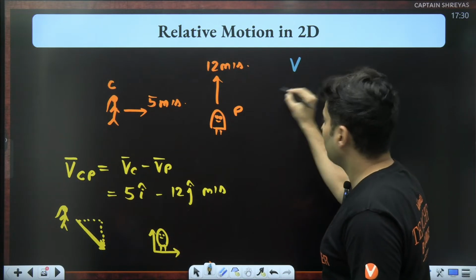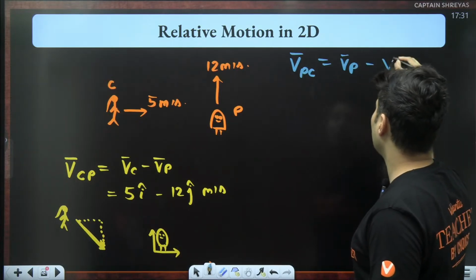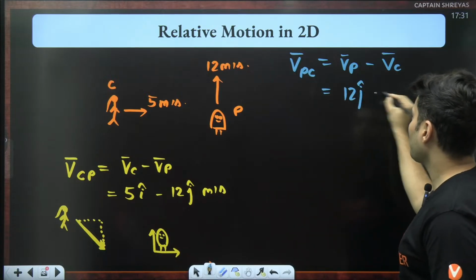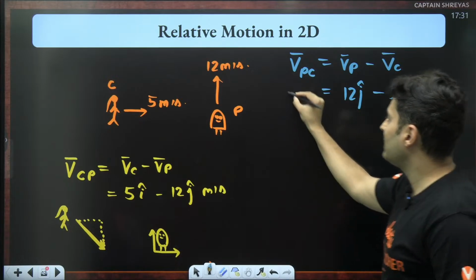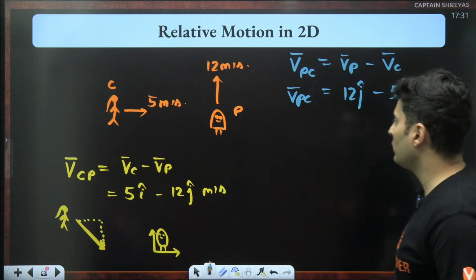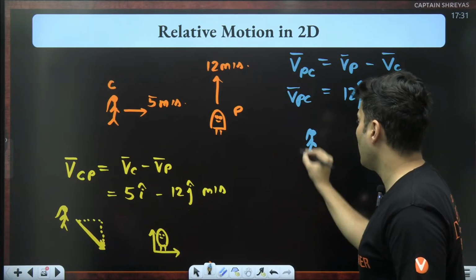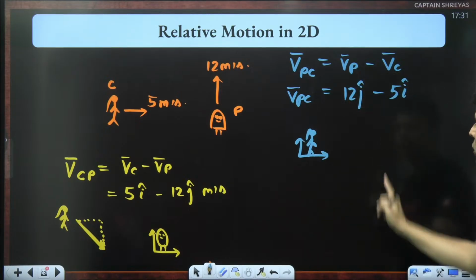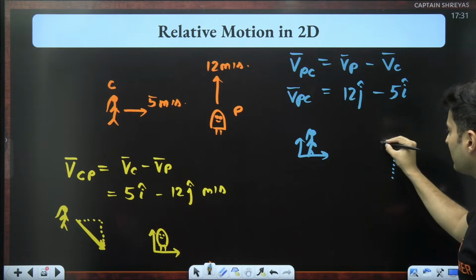Similarly, if I say velocity of Pandu with respect to Champa, which is Vp minus Vc, Vp is 12 j cap, velocity of Champa is 5 i cap. That's it. That is the answer, the velocity of Pandu with respect to Champa. So this time, Champa is our observer and she sees our Pandu going 12 j cap minus 5 i cap.